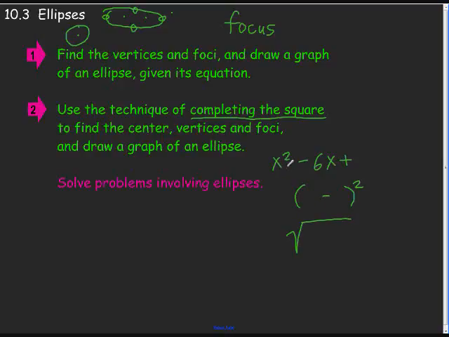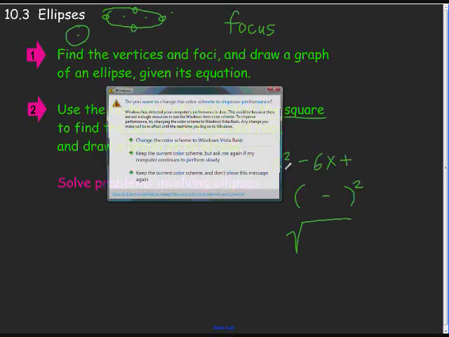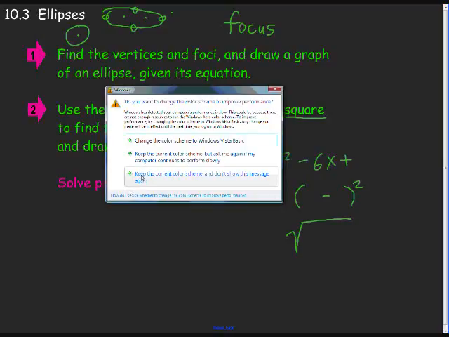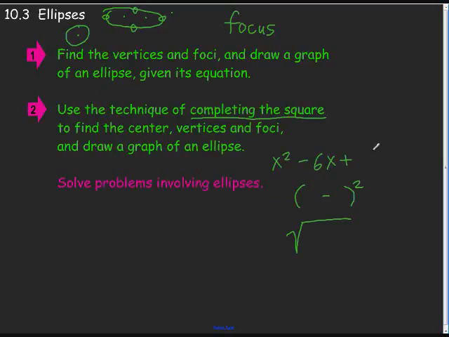Right now we've got x squared and x linear. How do we ever get just a single x out of that? This is how we do it. We add some number. What would it be here in order to make this a perfect square trinomial?